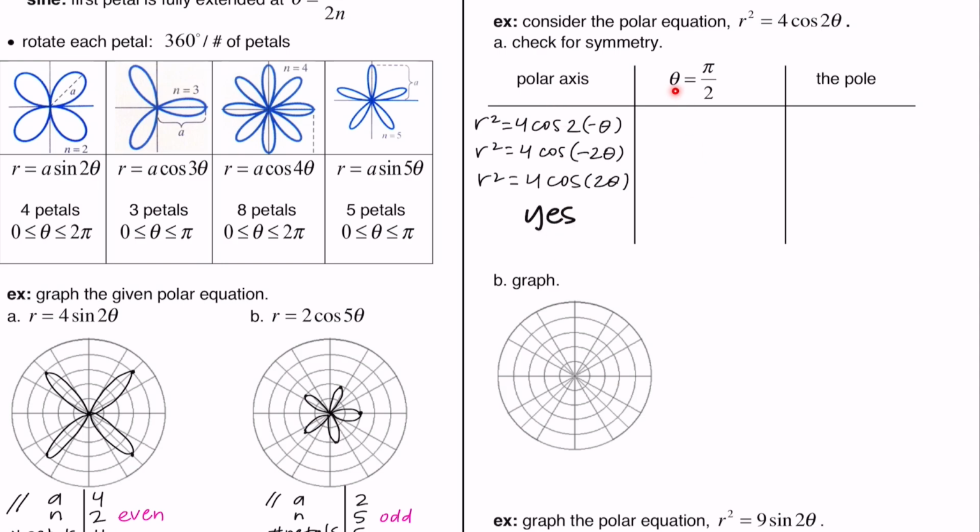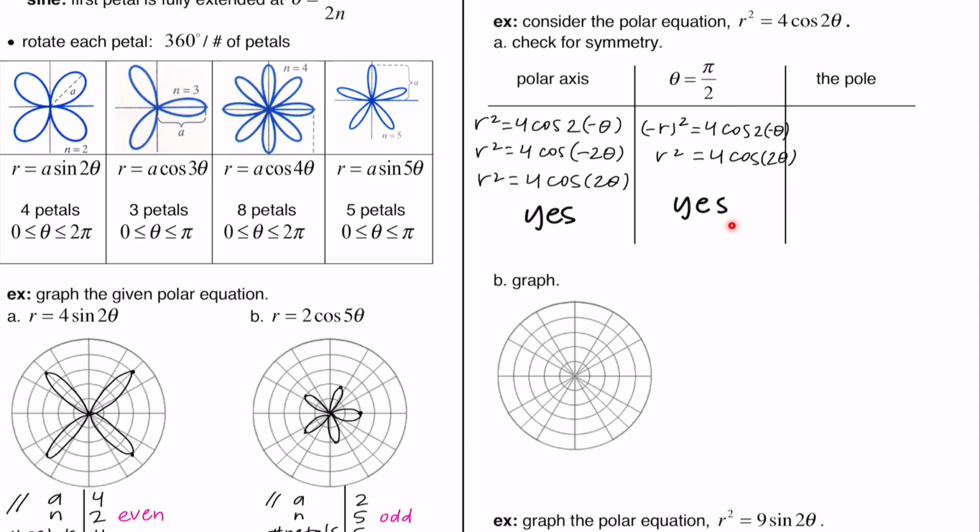Okay, next we're going to do theta equals pi over 2. So I plugged in negative r for r, and I plugged in negative theta for theta. We just did this exact work on this one, so I'm going to just copy down the right side. And then finally, negative r squared is going to be positive r squared, because a negative times a negative is a positive. And since this is identical to the original equation, the graph does have symmetry about the line pi over 2.